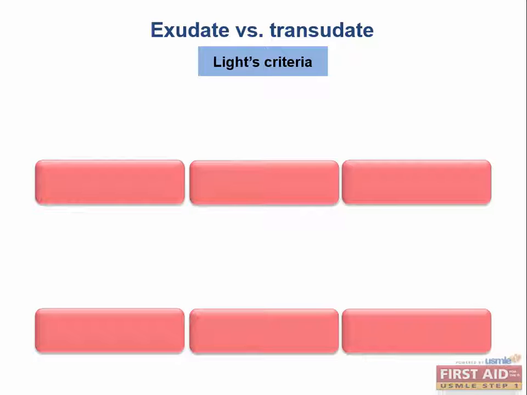So the first one is a protein ratio greater than 0.5, comparing the protein that's in the interstitium to the protein that is in the capillary. If that's greater than 0.5, you have an exudate because there's a lot of protein in here, more consistent with an exudate. The second is LDH, which is another protein, an enzyme, and if that ratio is greater than 0.6, then you have an exudate.